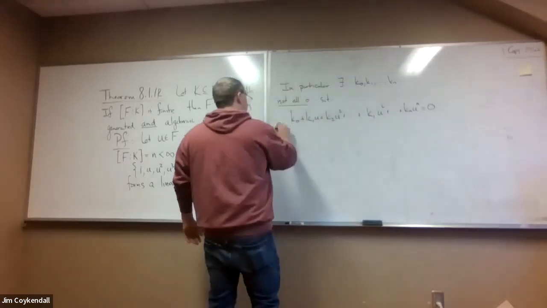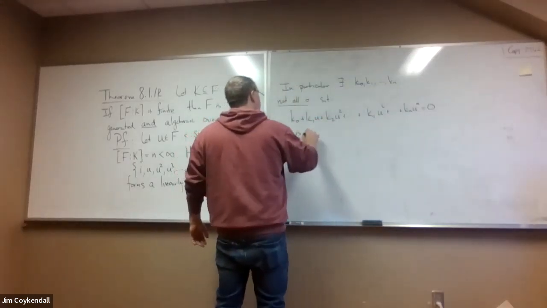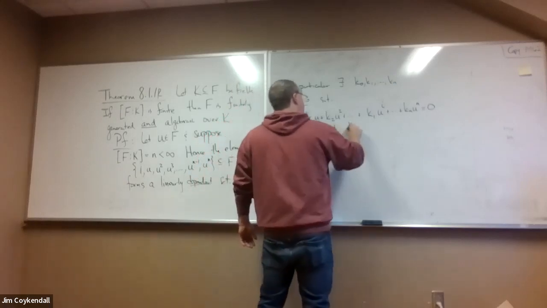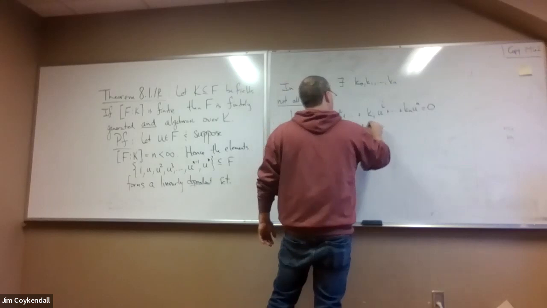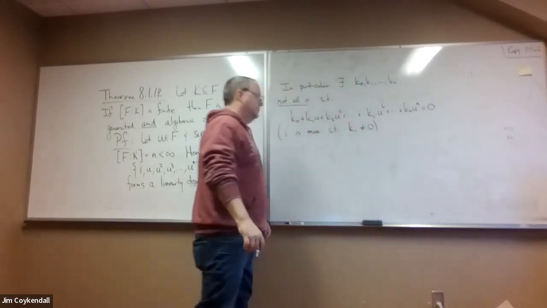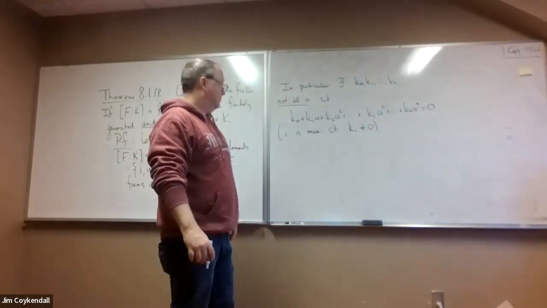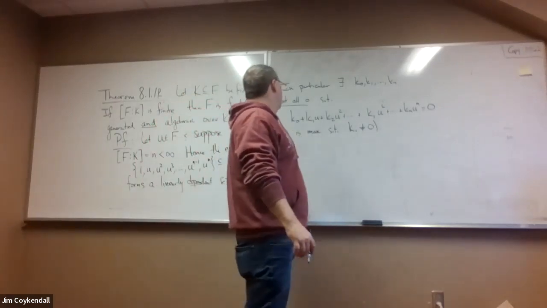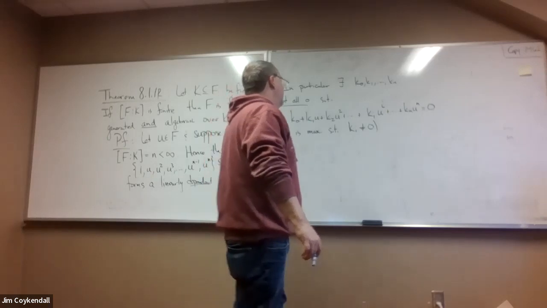And suppose i is maximal such that k_i is not 0. Right? So there's some maximal i such that k_i is not 0.